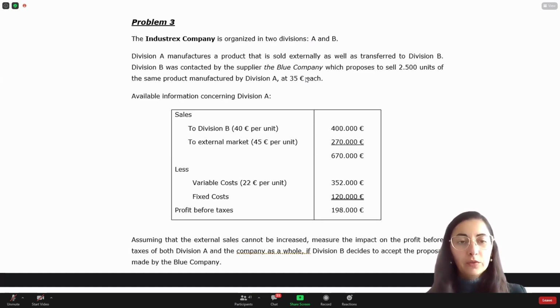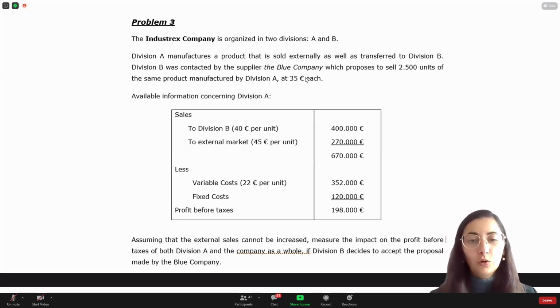Division A sells to Division B at 40 euros per unit, a total of 400, so we can calculate the quantities. And to the external market, it sells at 45 euros per unit, with a total of 270,000 of sales. We can also calculate the units there. Now we have a variable cost of 22 euros per unit, and we have fixed costs of 120,000 euros, and we have the profit.